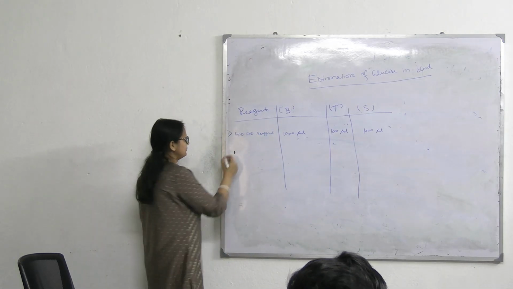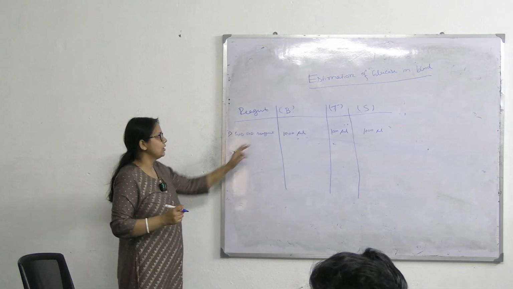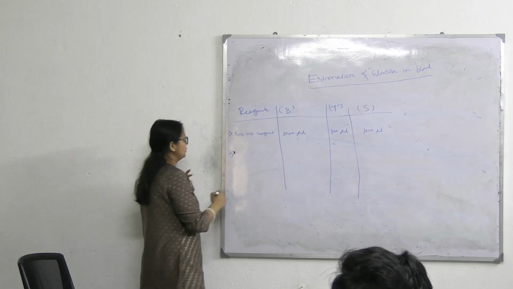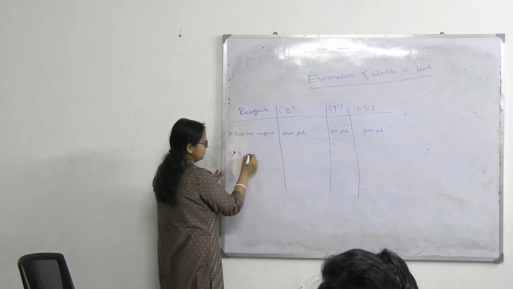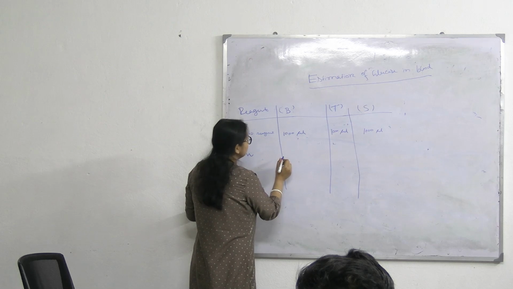Okay, you have to take glucose oxidase peroxidase reagent in the 3 test tubes. Okay, now distilled water, DW means distilled water, only in case of blank.